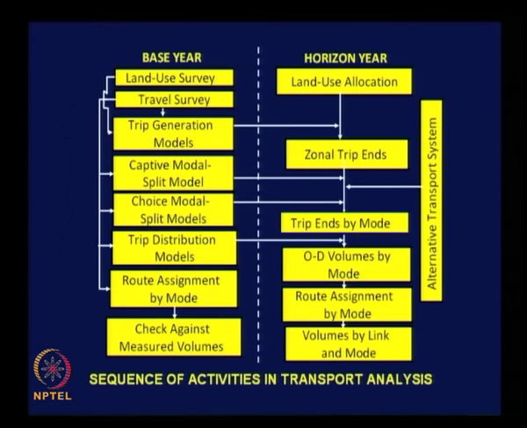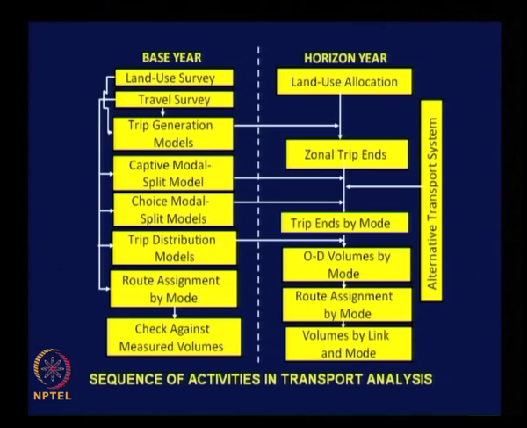This exercise has to be done separately for passenger transportation and separately for goods transportation, even for the horizon year condition, because the models are different. You have to do two different exercises, and then route assignment by mode, and finally volumes by link and mode. This you will get exclusively for passenger transportation and goods transportation; add them together to get the total traffic scenario.